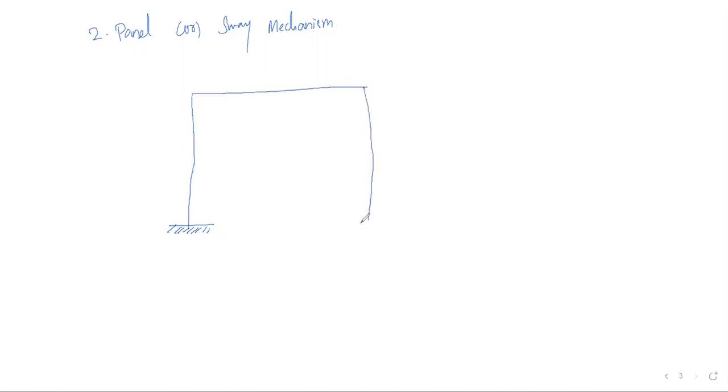Second one, panel or sway mechanism. So here the frame is available. If I apply the horizontal load, automatically there will be some deflection in the frame.